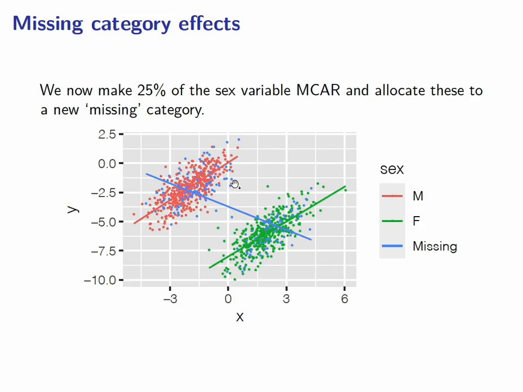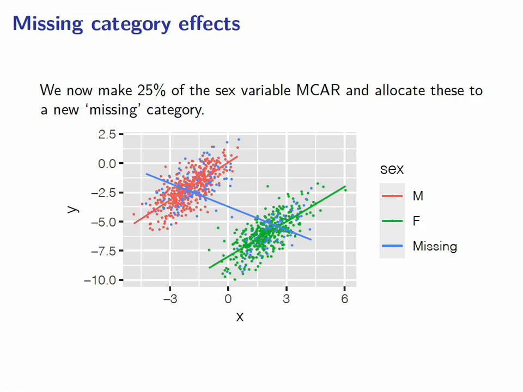These are the individuals now marked in blue, and the blue line is the linear regression fitted just for the relationship between y and x to those with sex missing. The pink line is now the regression line for y on x among those who are male and had their sex observed, and similarly the green line for those who are female and had their sex observed.